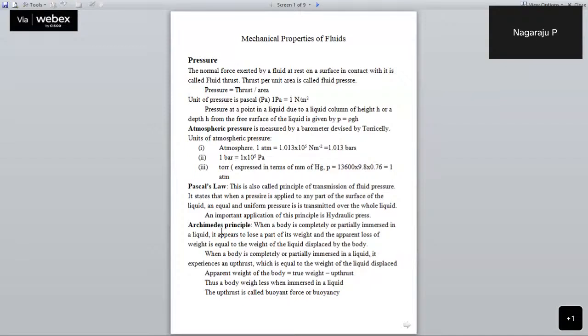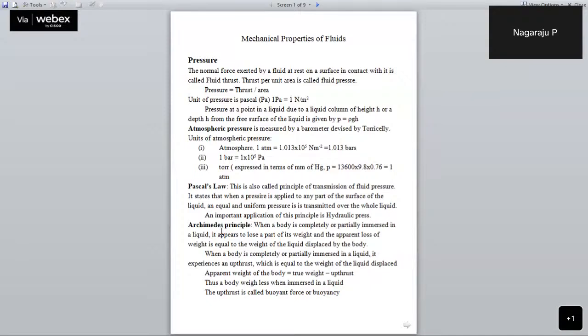For example, when you take a small stone and weigh it in air and then put it in water, you see that once it is placed inside water, it appears as though it loses some weight. That apparent loss of weight is actually equal to the weight of the liquid displaced by the body. That means when you take a stone, you don't have to go to the laboratory to conduct this experiment.